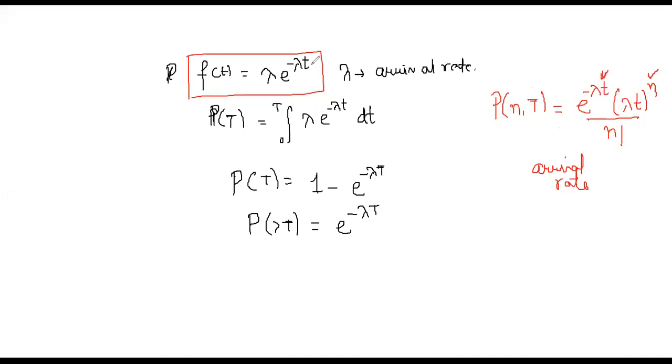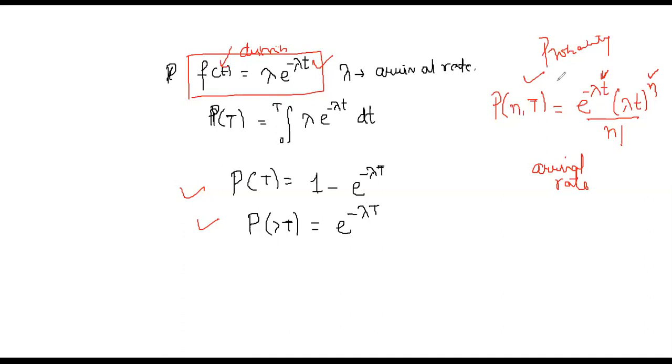But you can see that this is the distribution. This is not the probability. This is the probability distribution, or probability density function, while this is the probability itself. These two things are probabilities, but this is the probability distribution. If you have to evaluate the probability, then you have to integrate this, because this is the probability density function, not the probability itself.